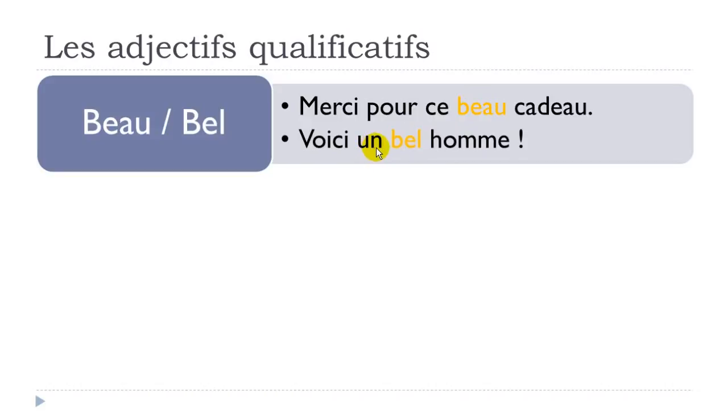It doesn't sound nice, so we put this bel form instead of beau. It means that for all situations when you have a word starting with a vowel or an H that is not pronounced, you will put this bel form instead of beau.